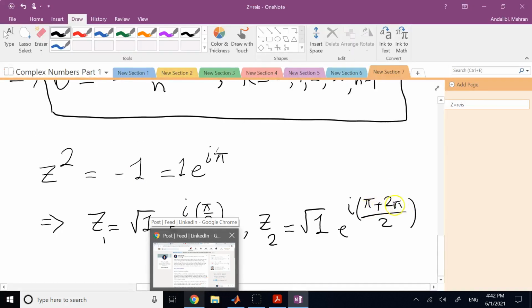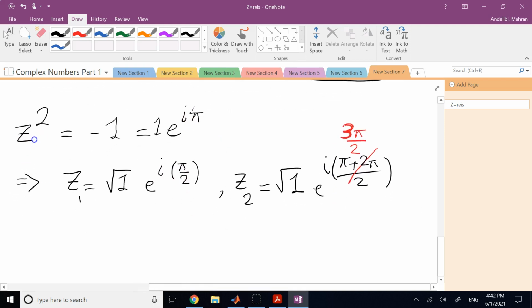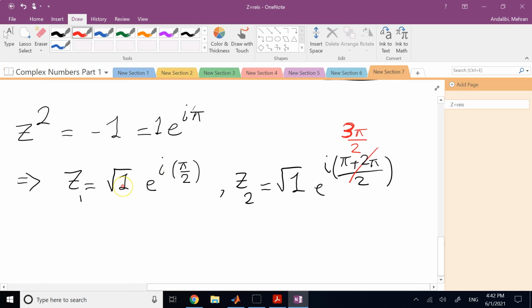And you know pi plus 2 pi is 3 pi, divided by 2 is 3 pi over 2. When you raise this to the power 2, the result will be 3 pi. And the cosine and sine of 3 pi are the same as cosine and sine of pi. So both of these are the roots, the square root of that.